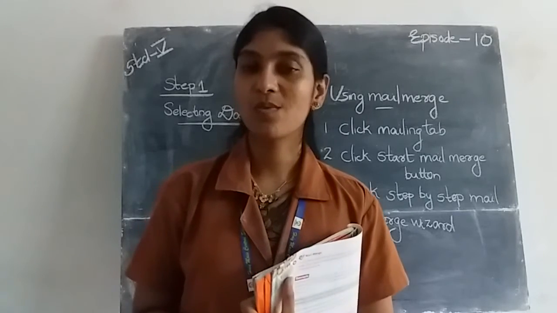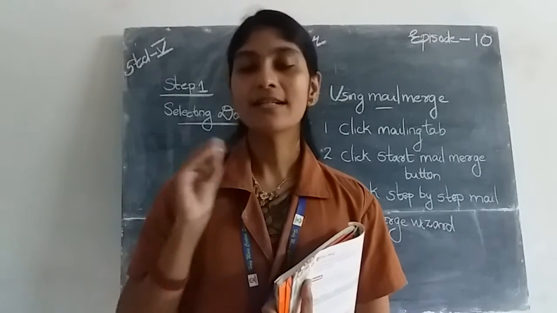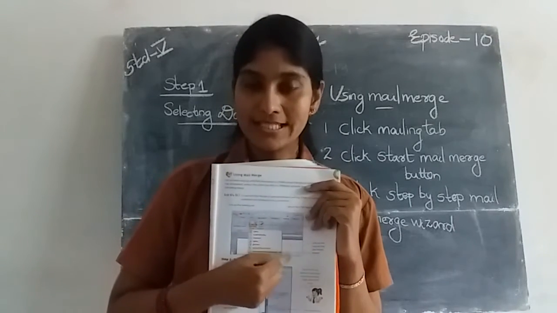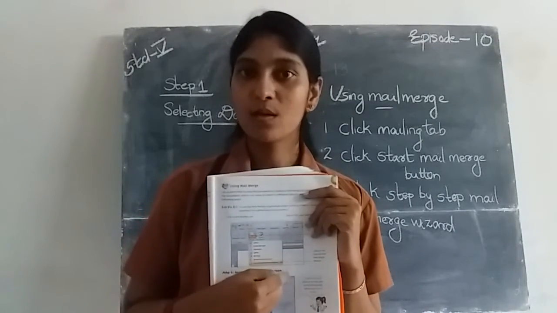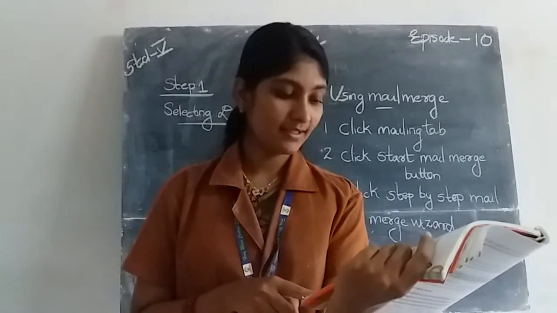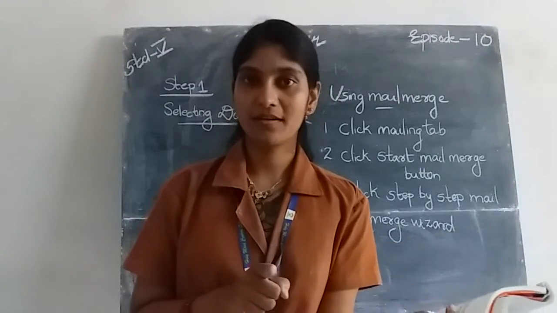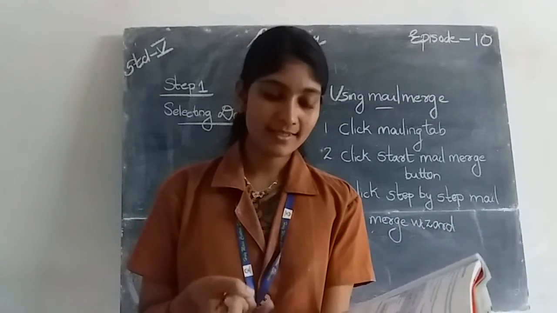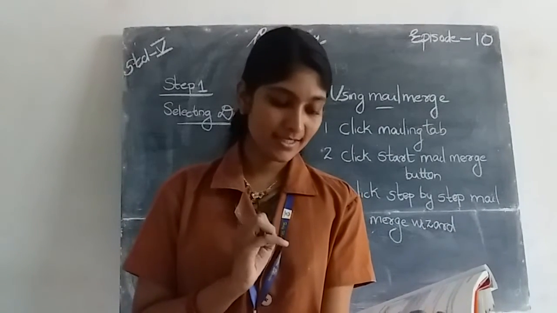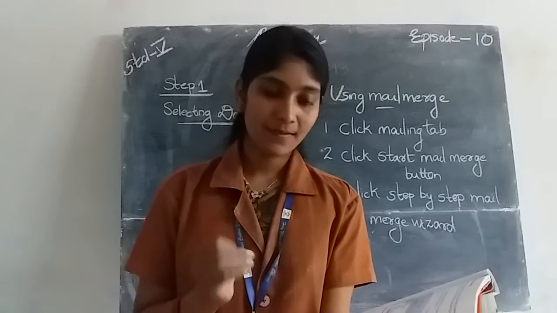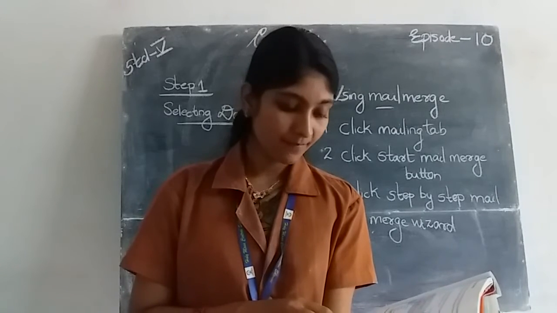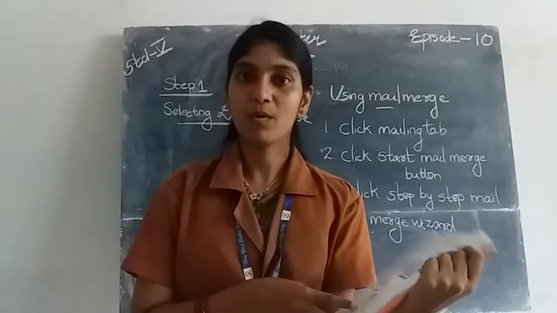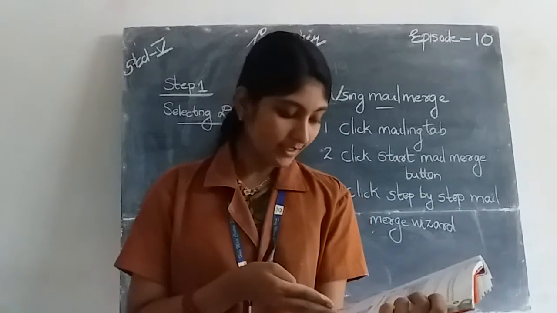Its name is mail merge task pane. Here the title is select the document type, or what type of document are you working on. There are some options: first letters, second email messages, third envelopes, fourth labels, and fifth directory.